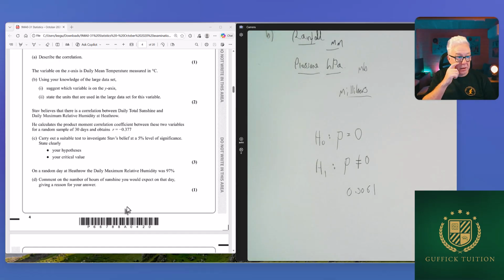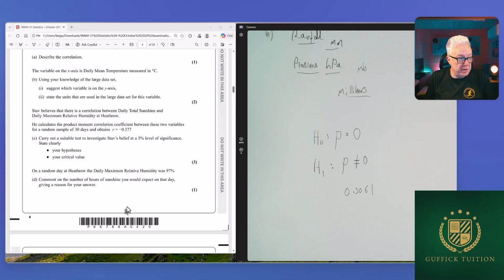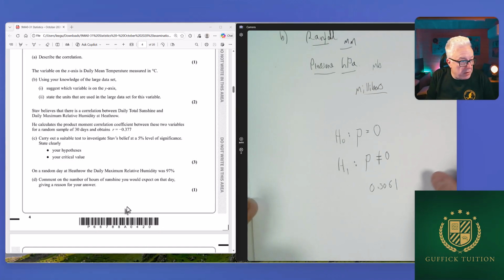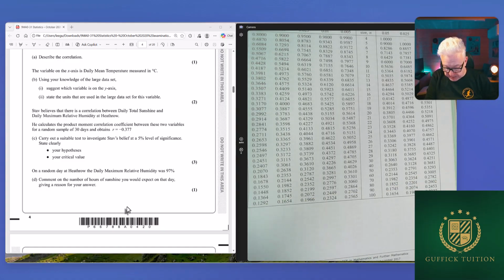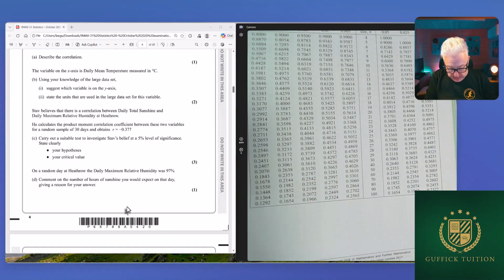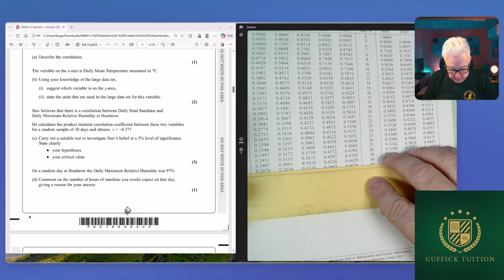Now, we've got to decide, are we going to use a positive value or a negative value? Let me just check that I've read that correctly again, because I'm second guessing myself now. Oh no. Look what I've done.